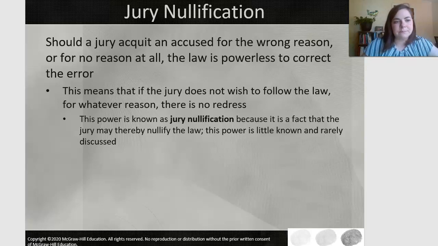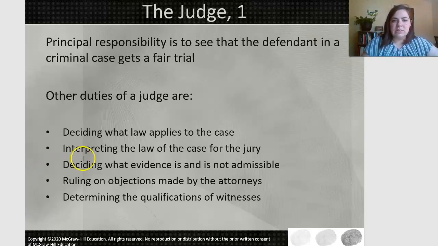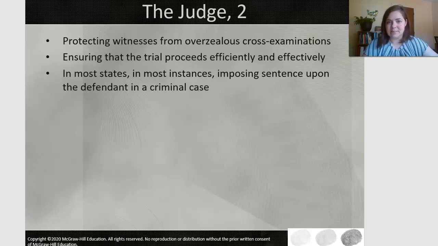There's no other remedy. So the duties of the judge in the trial are to decide what law applies to the case, interpret the law for the jury, decide what evidence is admissible or not, rule on objections, determine the qualifications of witnesses, protect witnesses from overzealous cross-examination, and in general make sure the trial is proceeding efficiently and effectively.